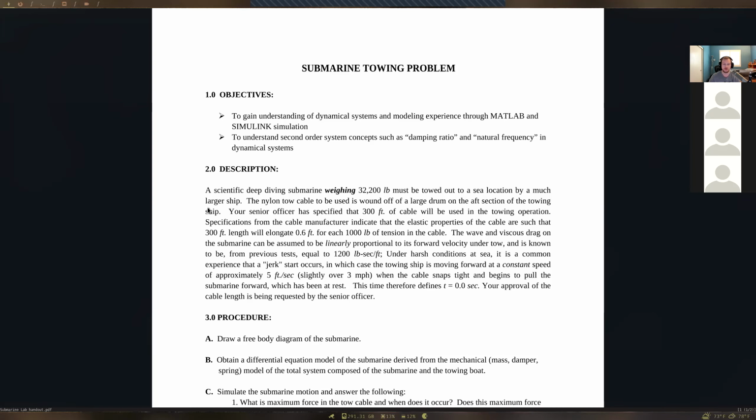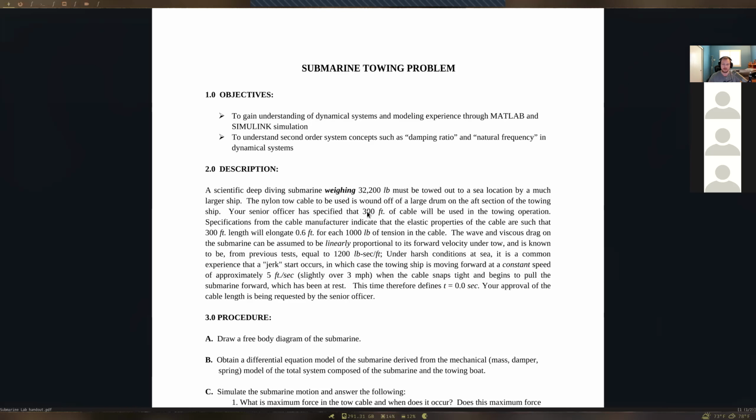The wave and viscous drag, so basically that's going to be our dampening coefficient, is assumed to be linearly proportional to the forward velocity under tow, and from previous tests, it's equal to 1,200 pounds-second per foot.